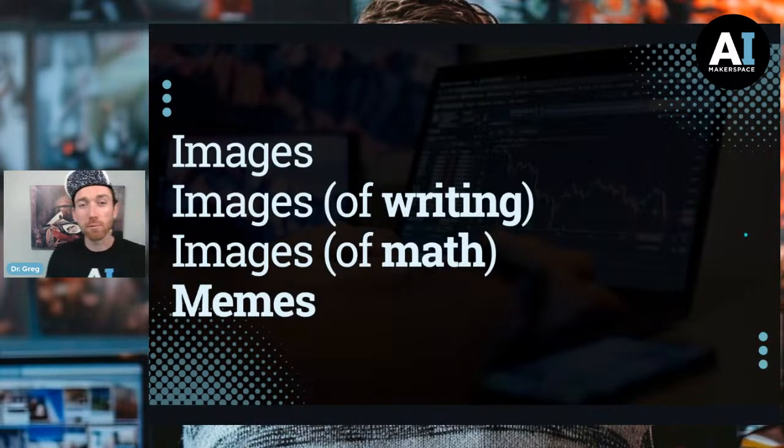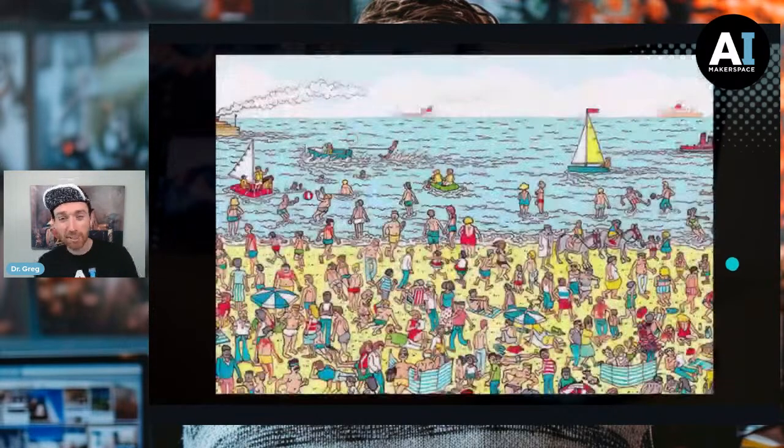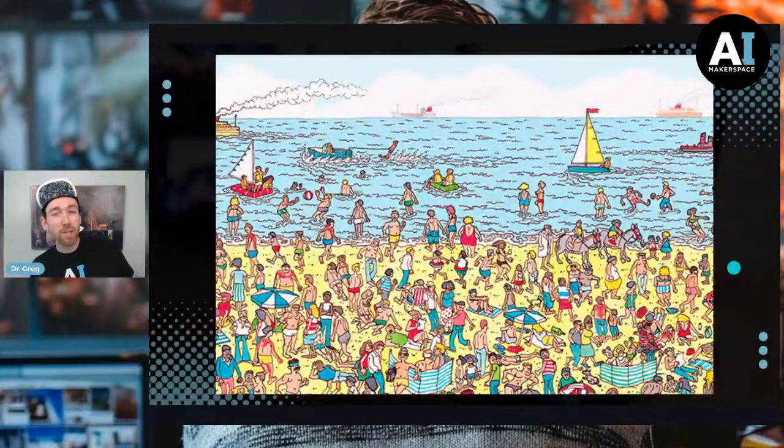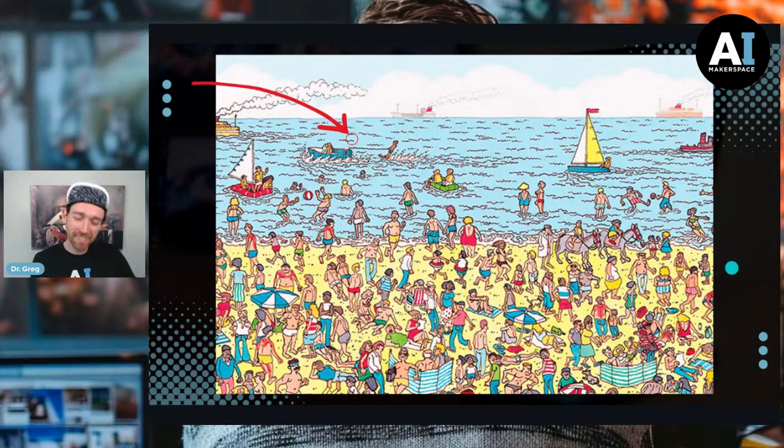We started off with some classics, and we said, hey, where's Waldo? And when we just slapped it into ChatGPT real quick with Omni, it was like, there's Waldo. And we were like, I don't think that's Waldo. And we ran into some other interesting issues along the way as well.